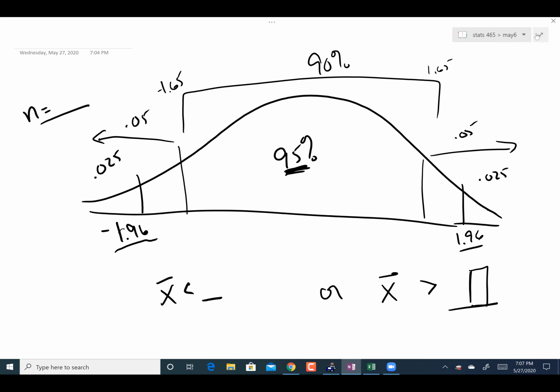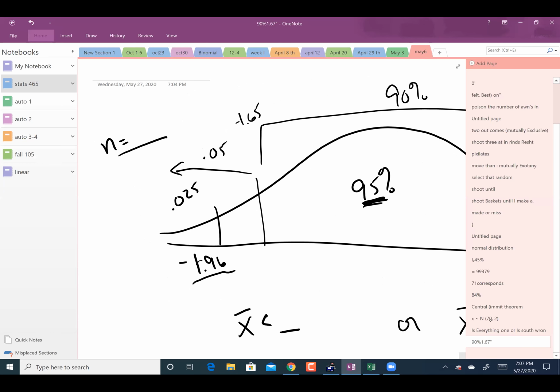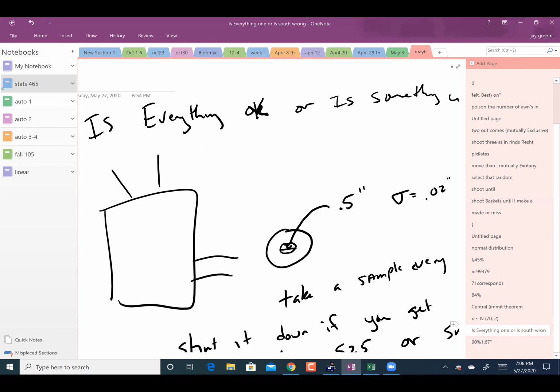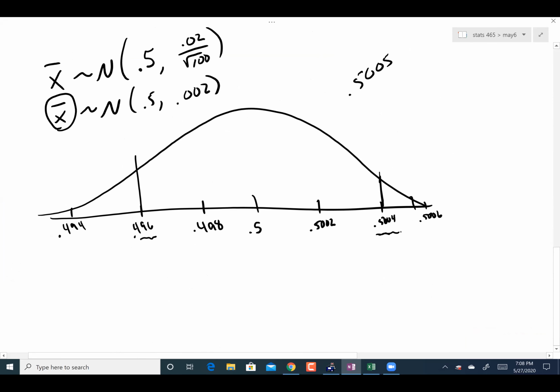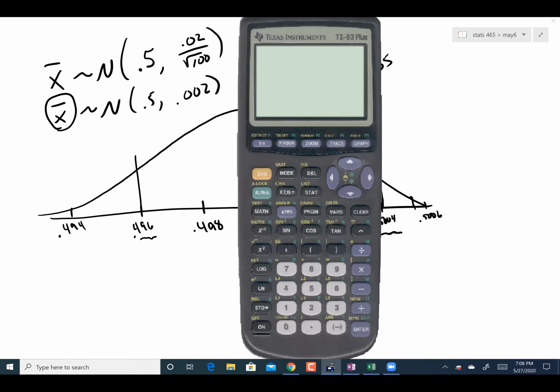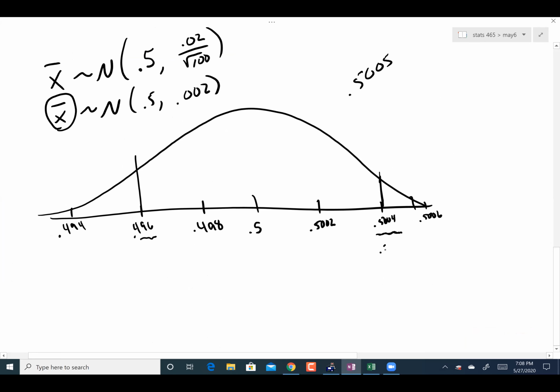Back to this one over here, just real quick, and I think we'll call it a night at that point. In that situation, instead of going out quite 2 standard deviations, I would do 0.002 times 1.96. Plus 0.5, so 0.50392.